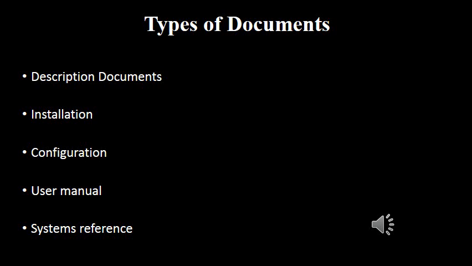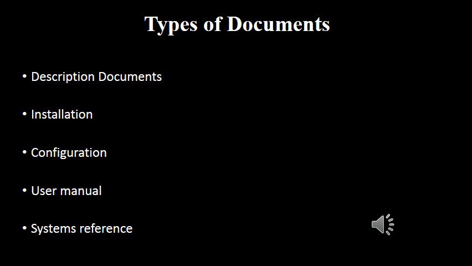Okay. Then the last one, that is a system reference. A system reference document should provide information on the system facilities, how to use those facilities, or a list of errors, messages, and how to recover from errors. The system reference manual should be written in a descriptive way. Suppose we are using a service of a hospital or some other organization.